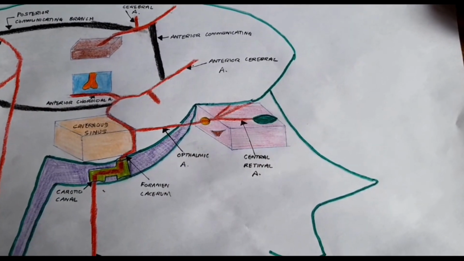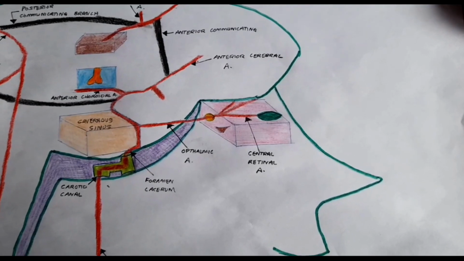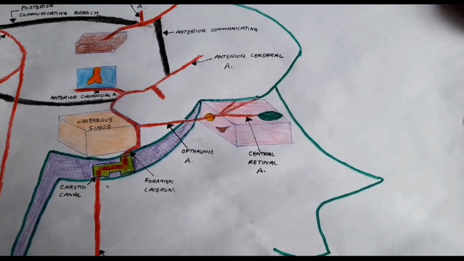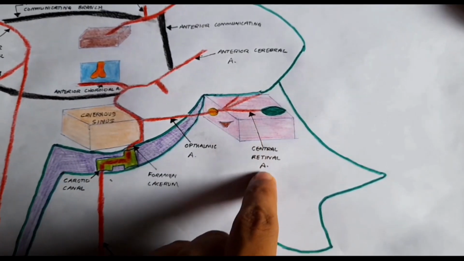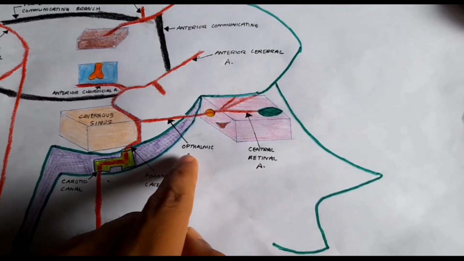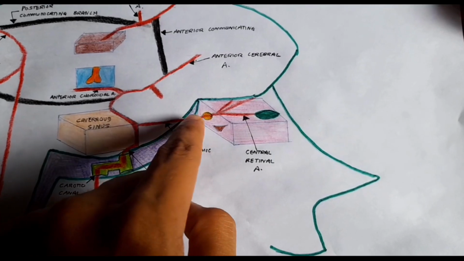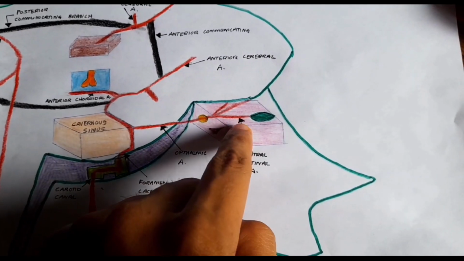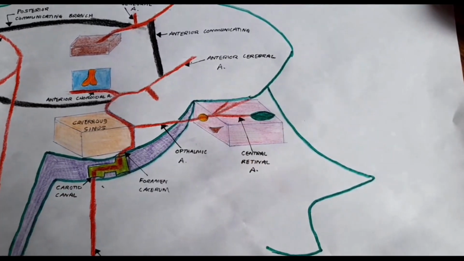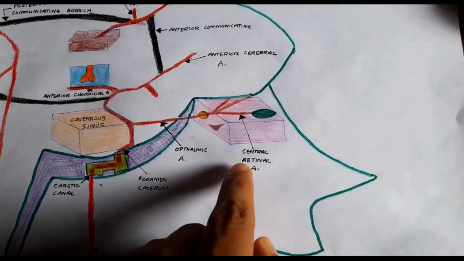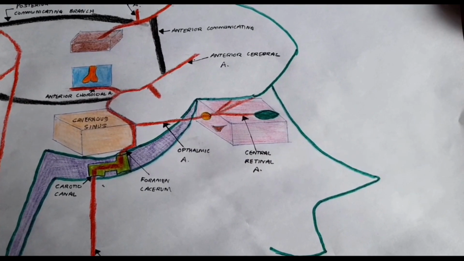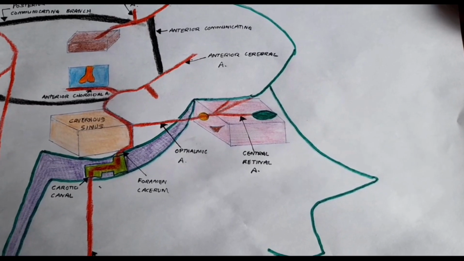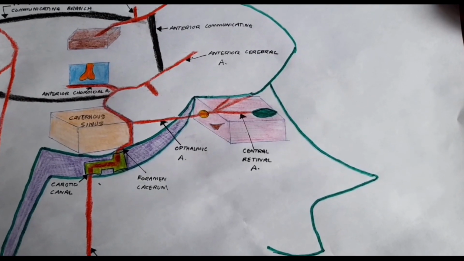We are not interested in these branches, but the main branch to discuss here is the central retinal artery. So we have the ophthalmic artery going through the hole, and then another branch, the central retinal artery. From the name we know retinal, it supplies the retina of the eyes. Internal carotid artery coming, a branch, ophthalmic artery, another branch, central retinal artery.